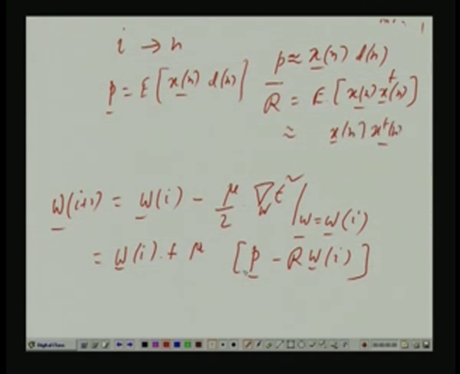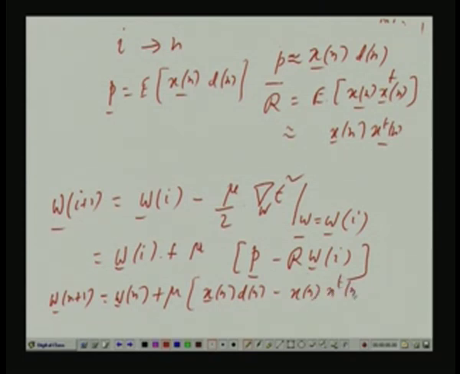If I put them here, what do I get? If I make the substitution, w n plus 1 becomes w n plus mu, times x n d n, and then x n x transpose n w n. Okay, take x n out.